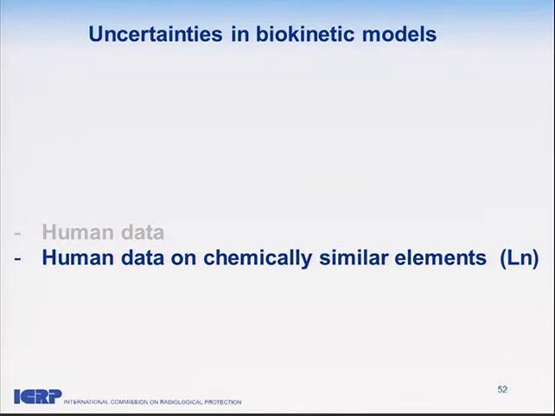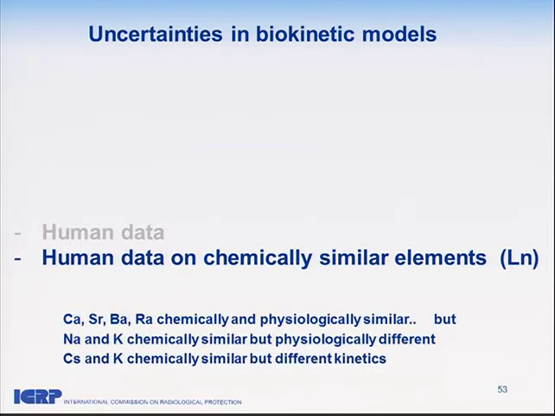The problem is that two elements may be chemically analogous, but can be completely different physiologically speaking. For example, here you have calcium, strontium, barium, and radium. They are chemically and physiologically similar.